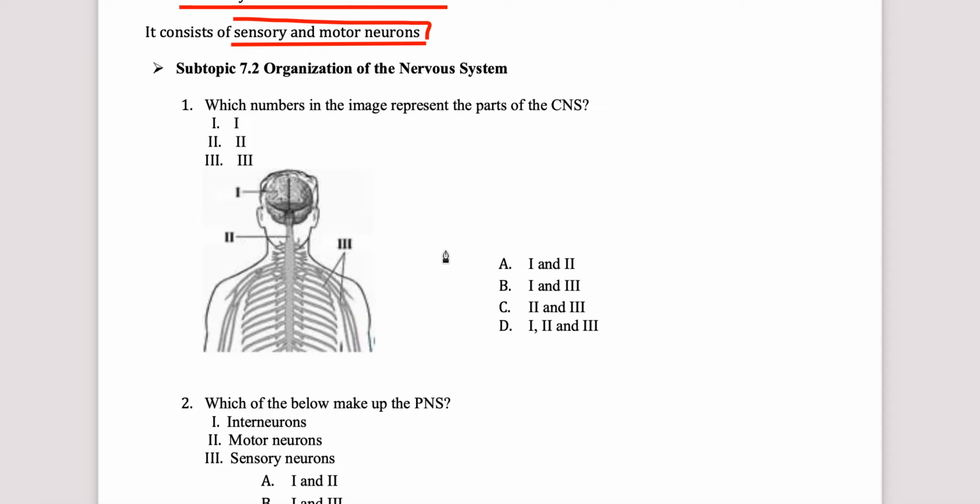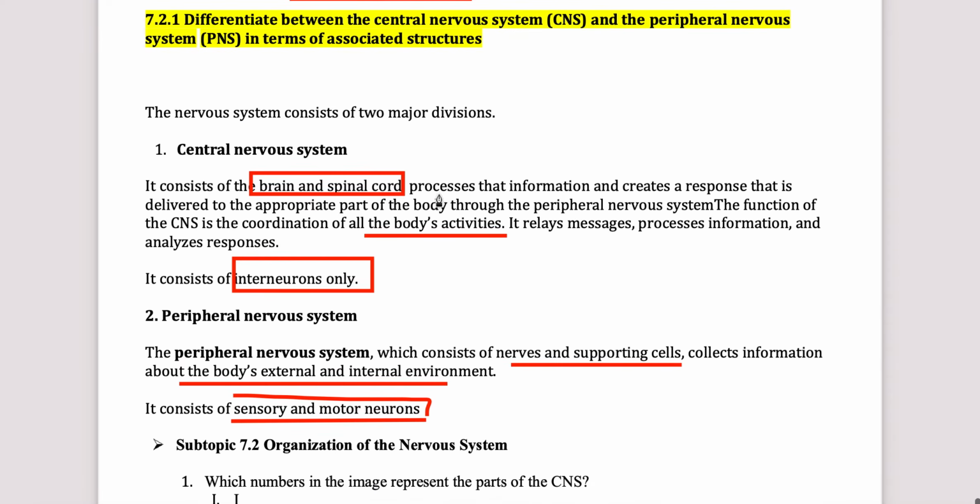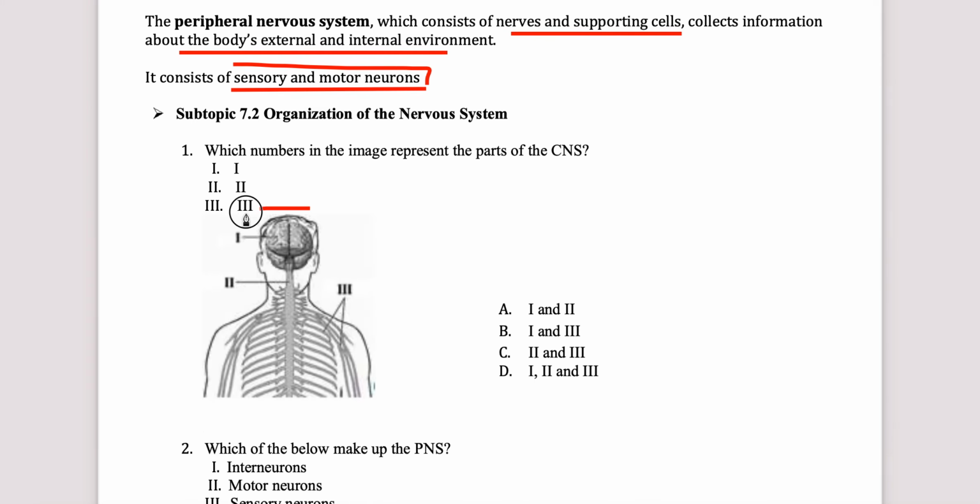Which number in the image represents the parts of the CNS? If you remember, the parts of the CNS are brain and spinal cord. So you can easily answer this question. Brain is located here and spinal cord is here. So it means that this is 1 and 2.